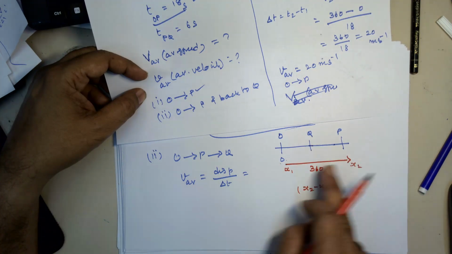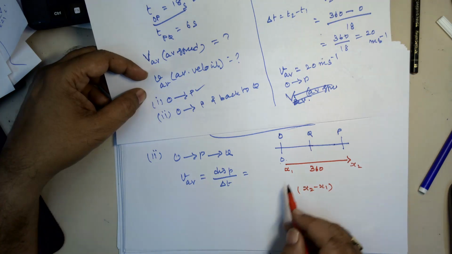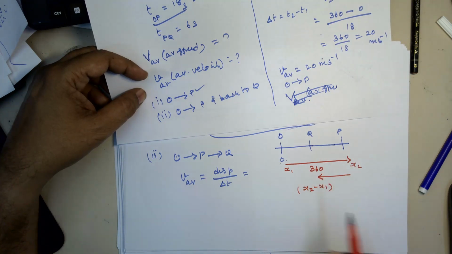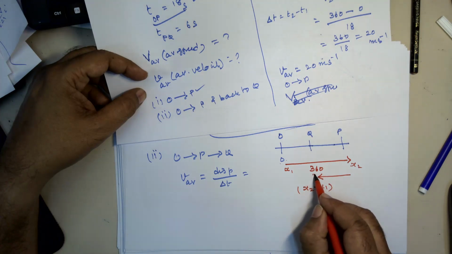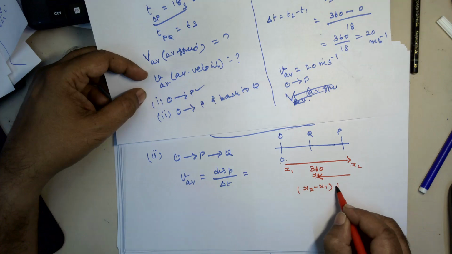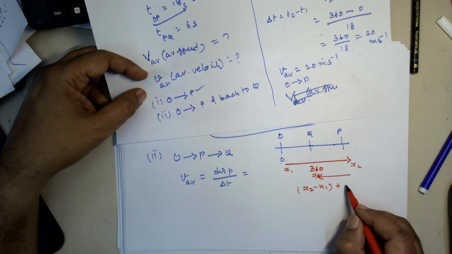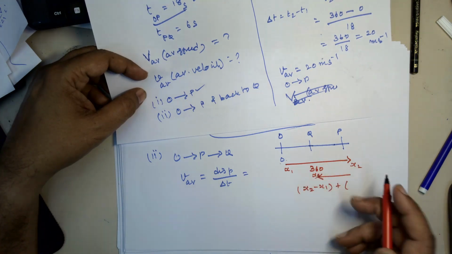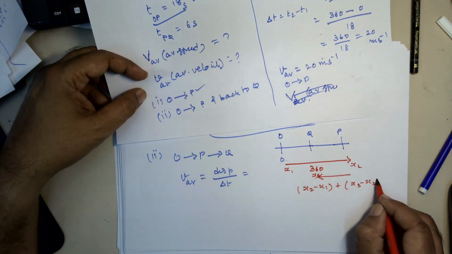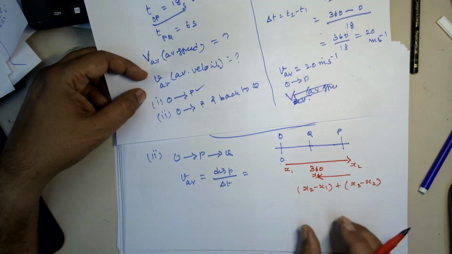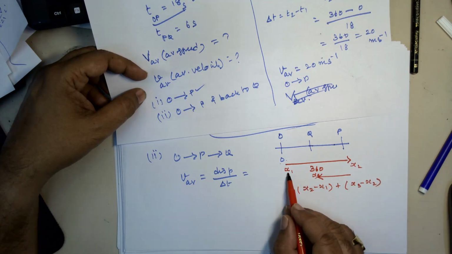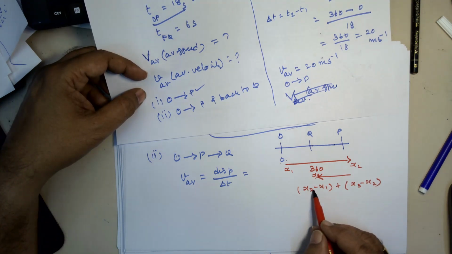X2 minus x1. Okay. And then you are coming back, right? And now this is the x3 position. So here from x2 to x3, what is that? Final minus initial. So x3 minus x2, right? You just follow how I am calculating. Now what is x2?